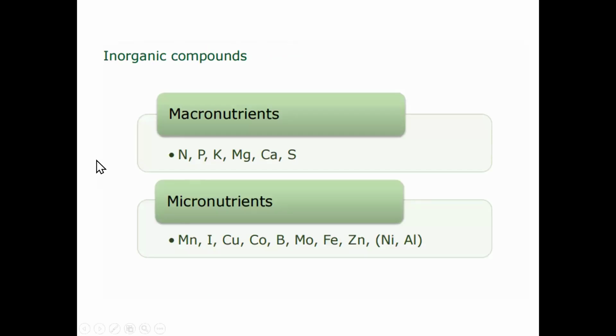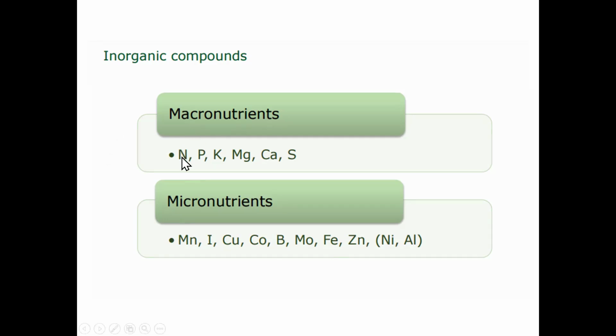Among inorganic compounds, some are macronutrients and some are micronutrients. Macro means required in higher amounts, and micronutrients in very small quantities. Micronutrients, if present in high concentration, are toxic, even for humans or other organisms. For all essential nutrient elements, the appropriate concentration is very important.